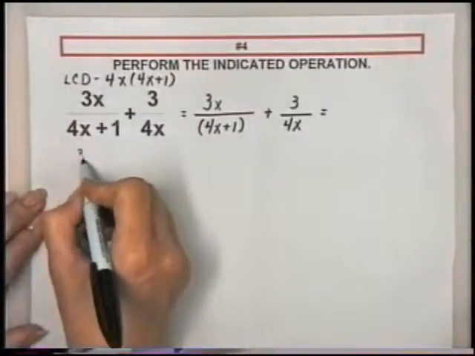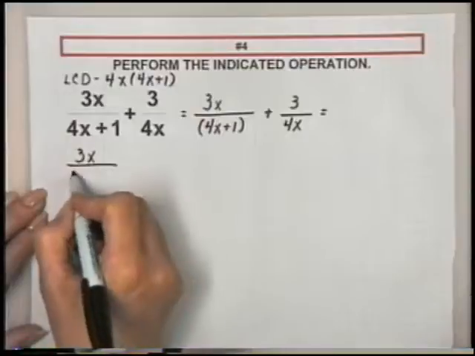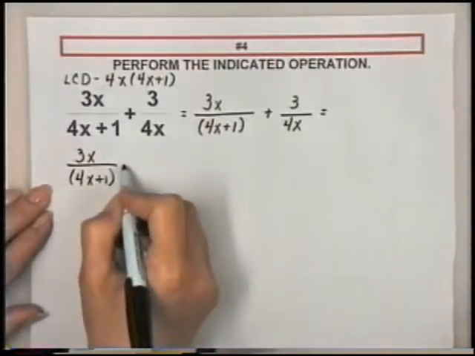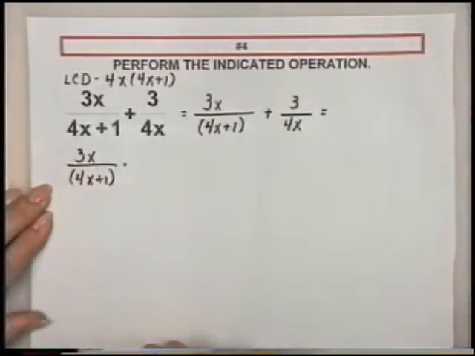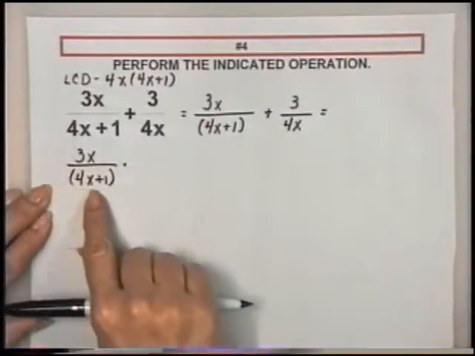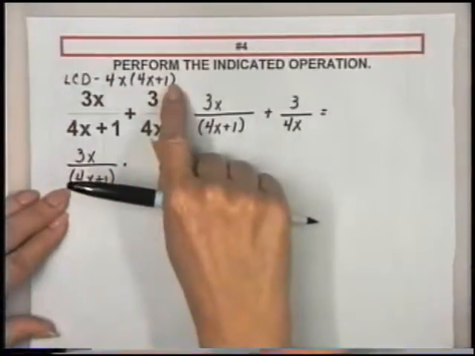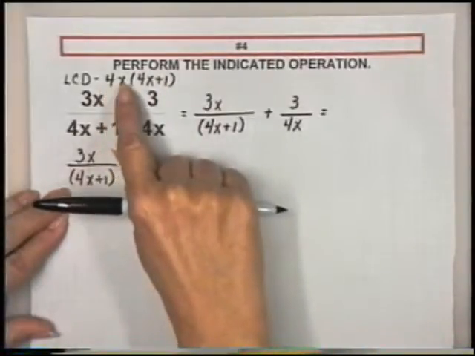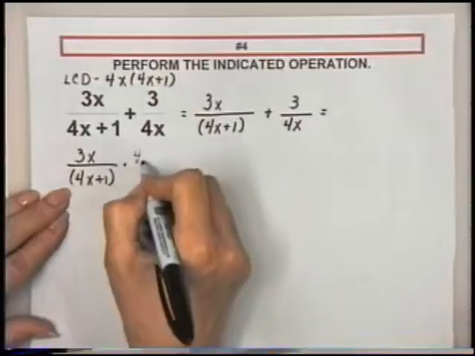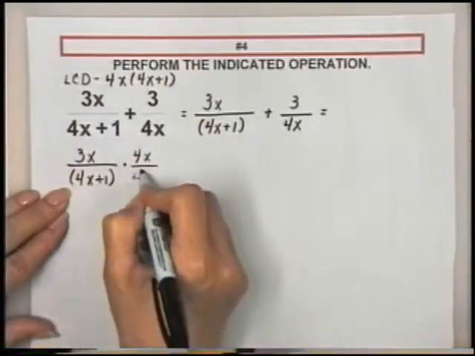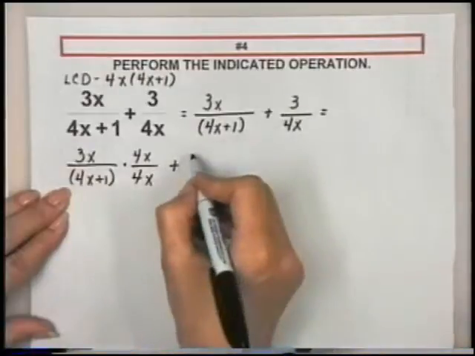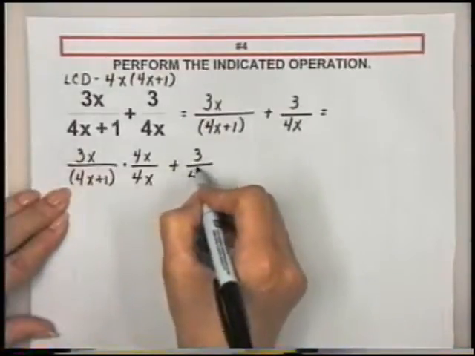Now, let's get equivalent fractions. Let's write this first fraction. Let's multiply by the needed factors. I have a factor of 4x plus 1. The factors that I need are the 4 and the x. So I will multiply by 4x over 4x.